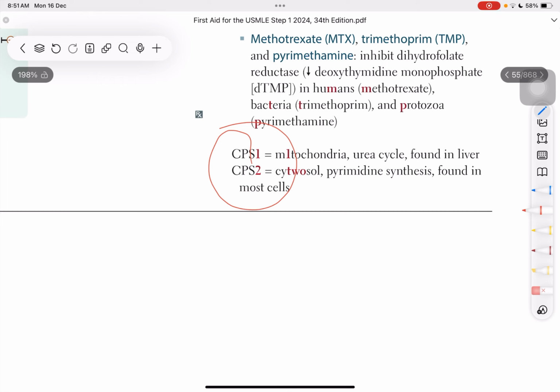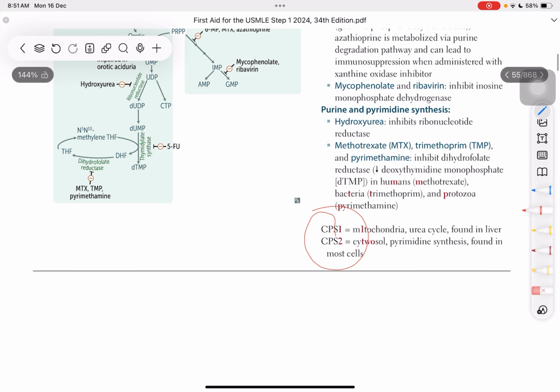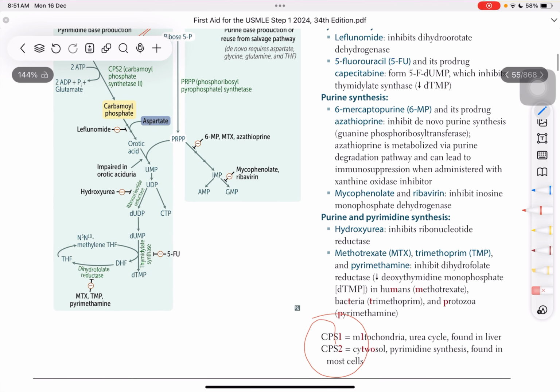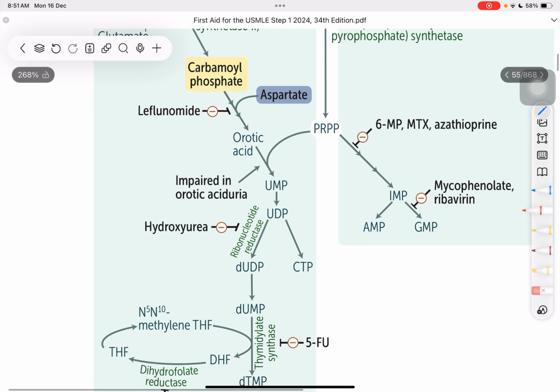CPS1 is present in mitochondria, found in the liver hepatocyte. CPS2 is in the cytosol, used in pyrimidine synthesis, and found in most cells. Why is it found in most cells? Because you need DNA in every cell. And CPS1 is found in the liver because obviously it undergoes metabolism. Once the carbamoyl phosphate is formed, it combines with aspartate to form orotic acid.